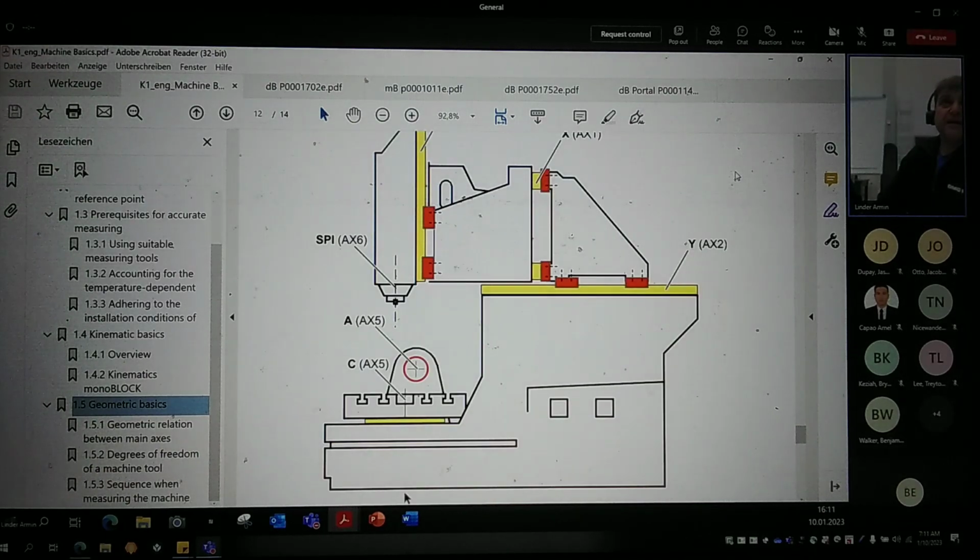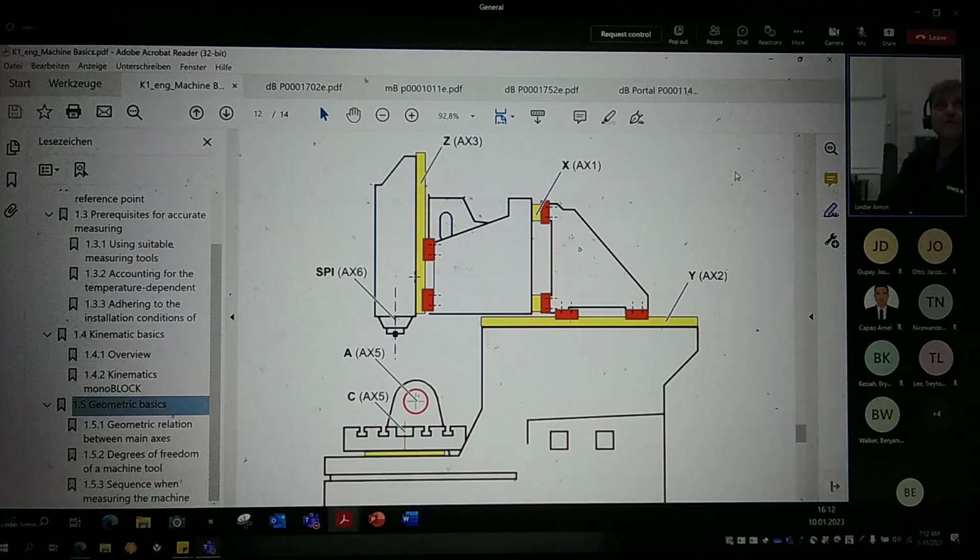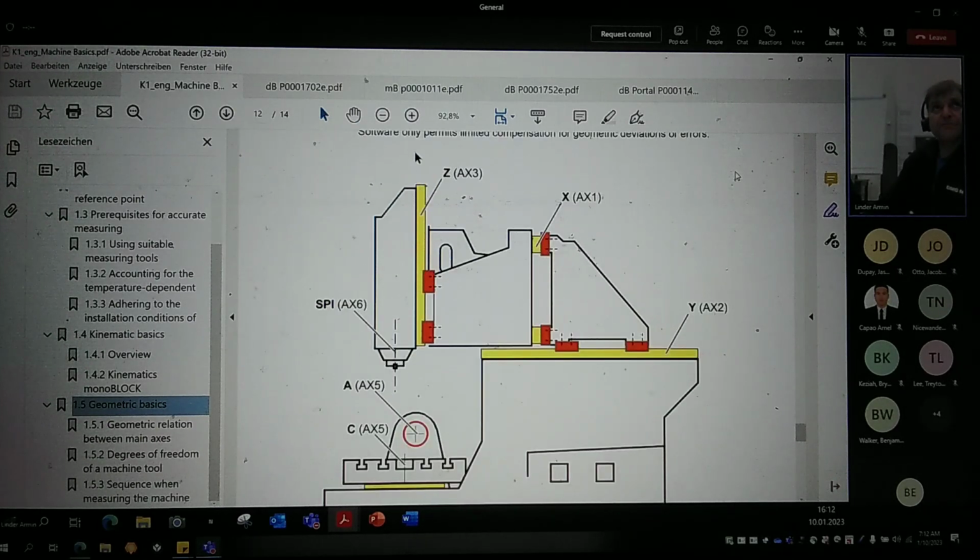If we see the main axes of a 5-axis machine, in that case we have a swivel round table. That means I have the Z-axis, C-axis, we have an A-axis, we have a vertical axis, that means the Z-axis, a horizontal axis, that means the Y-axis, and the square axis is the X-axis.